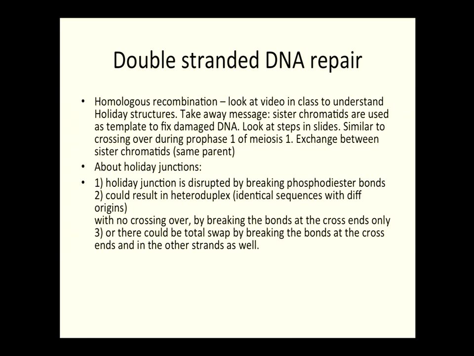So after the repair mechanism is over, the fixed strands are going to be identical, but they came from the two different sister chromatids. Can you guys see it on the board? Yeah, it's a non-crossover product if you cleave at the junctions of the Holliday structures.